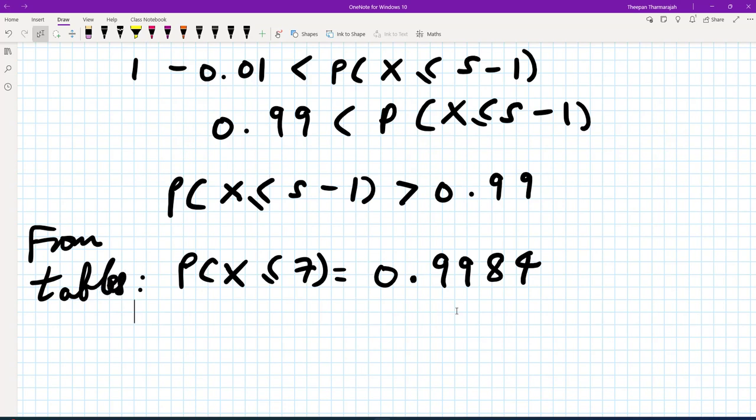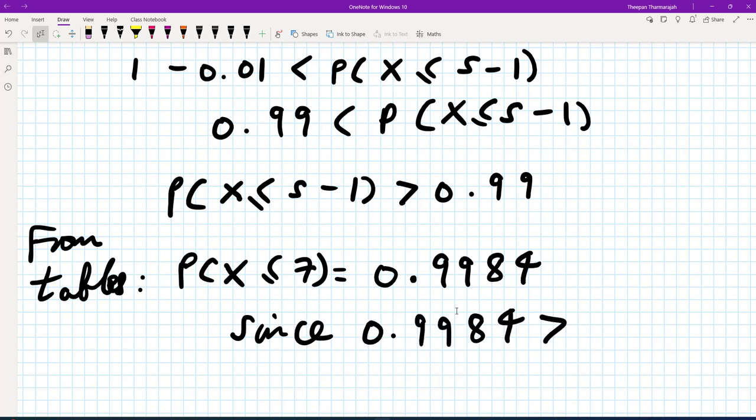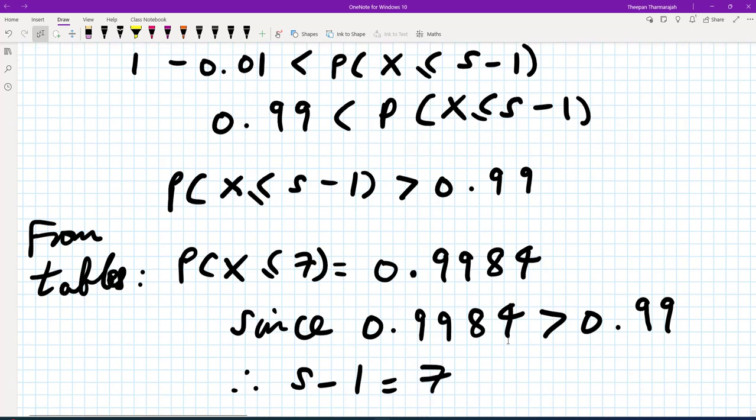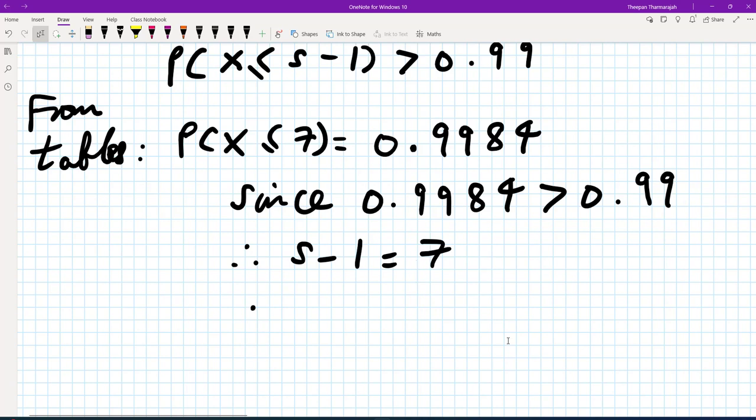So we can say since 0.9984 is strictly greater than 0.99, what we can say from there is therefore s minus 1 must be the same as 7, and we can therefore conclude s is 8, which is the number required.